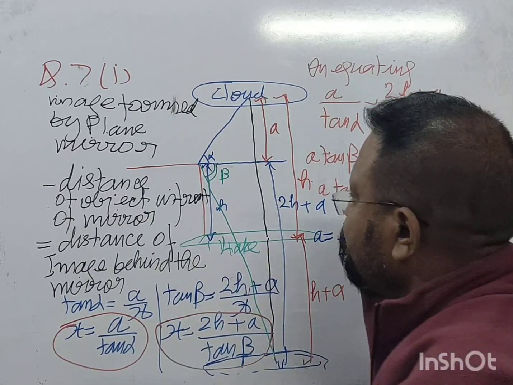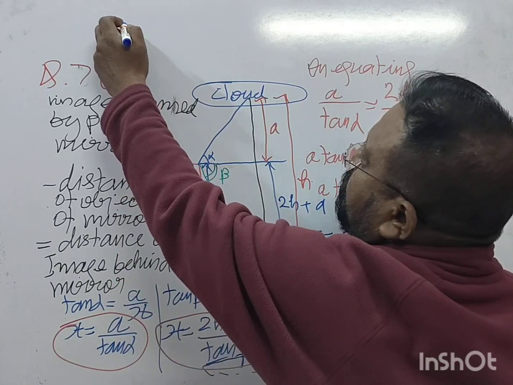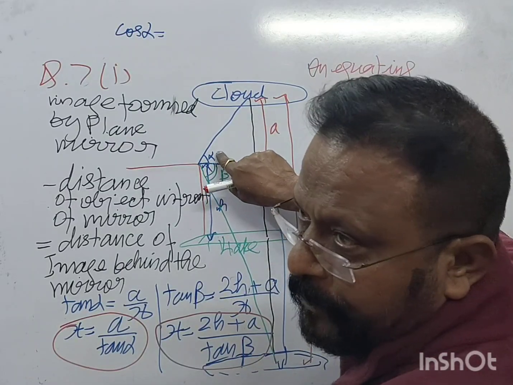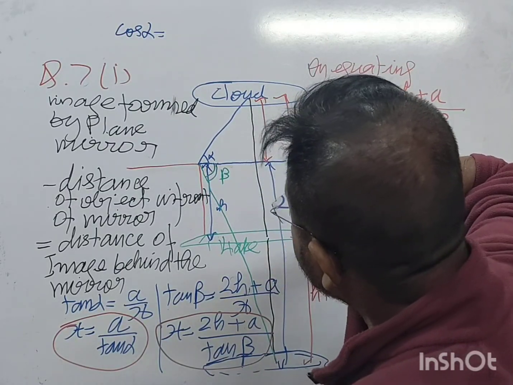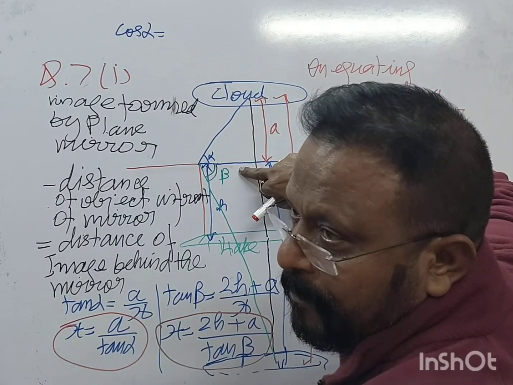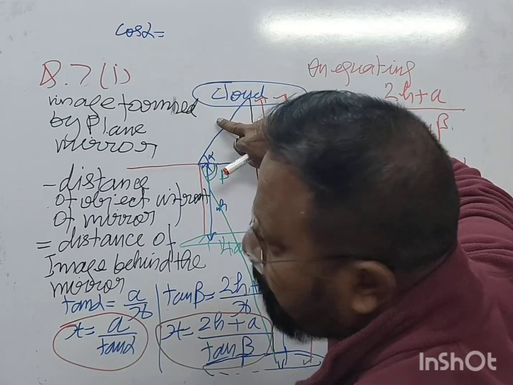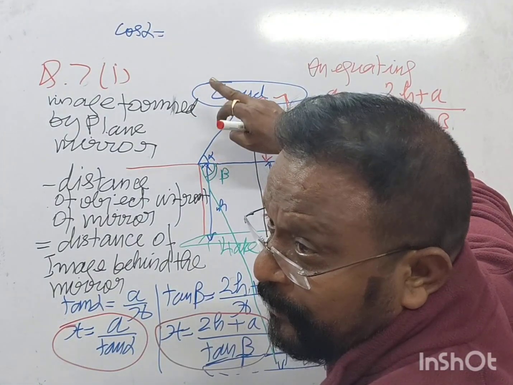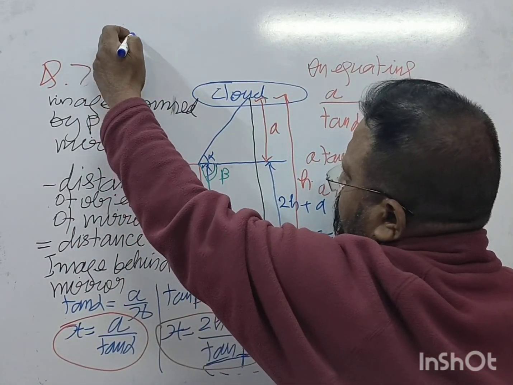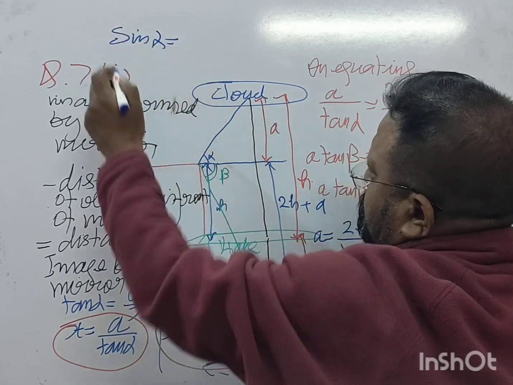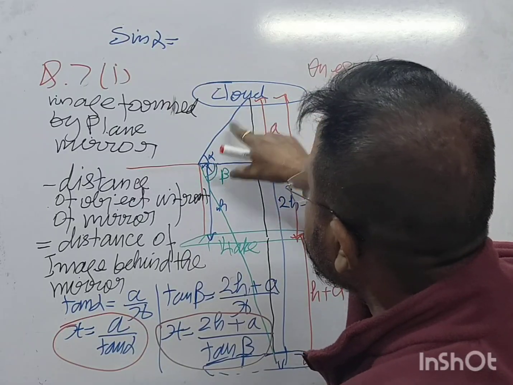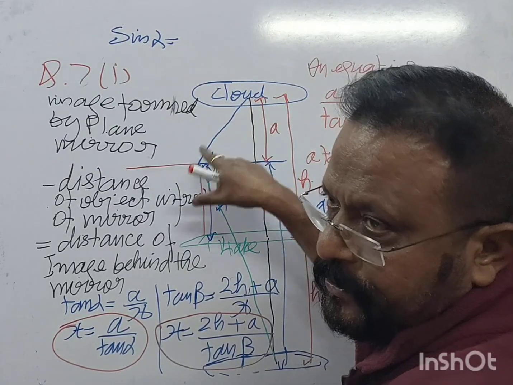If I write here cos alpha, cos alpha means base upon hypotenuse. But we do not know. So we go by sine. If I go with sine alpha, in that case, this is the distance, hypotenuse.